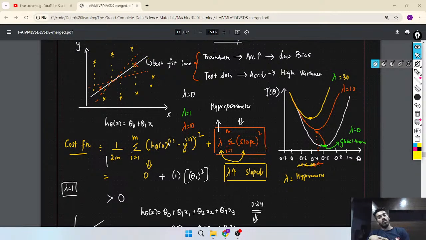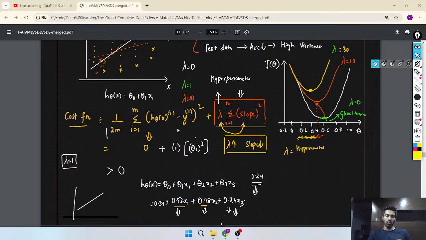Suppose you are training a model and your m value is getting 0, so you get m equal to 0, which means you have error 0.